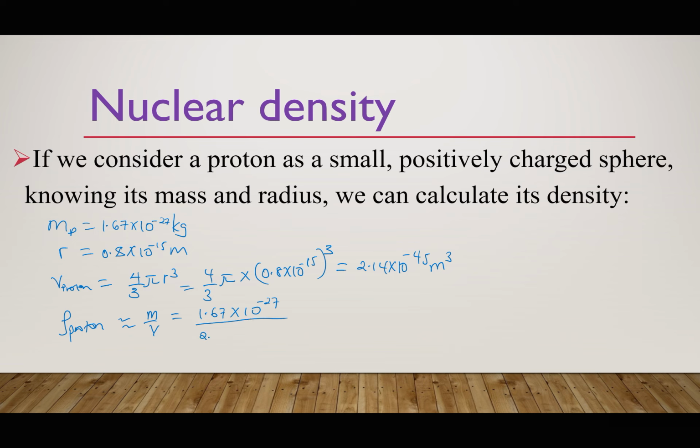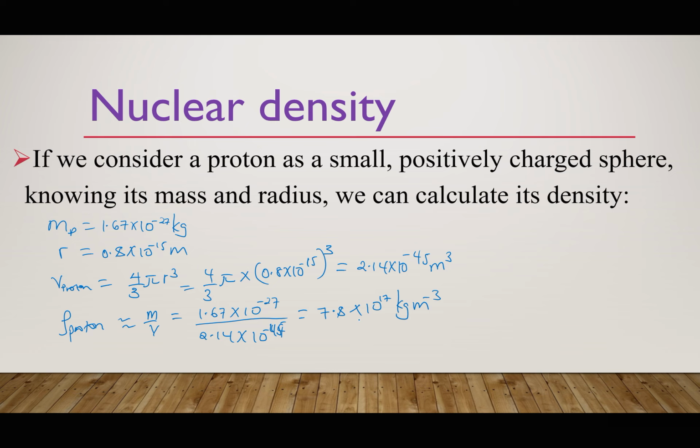Divide by 2.14 times 10 to the power of minus 45. So I'll just press my calculator. The density of a proton is 7.8 times 10 to the power of 17 kilograms per meter cubed.